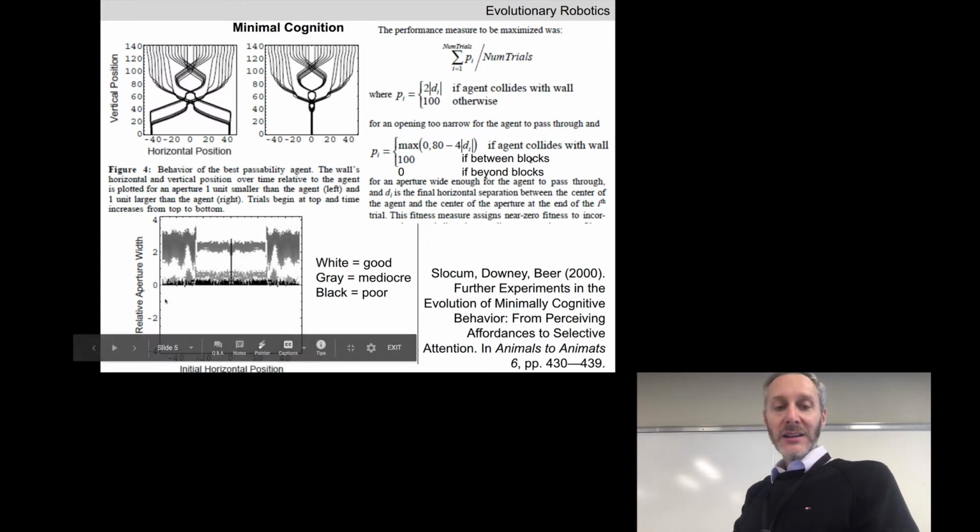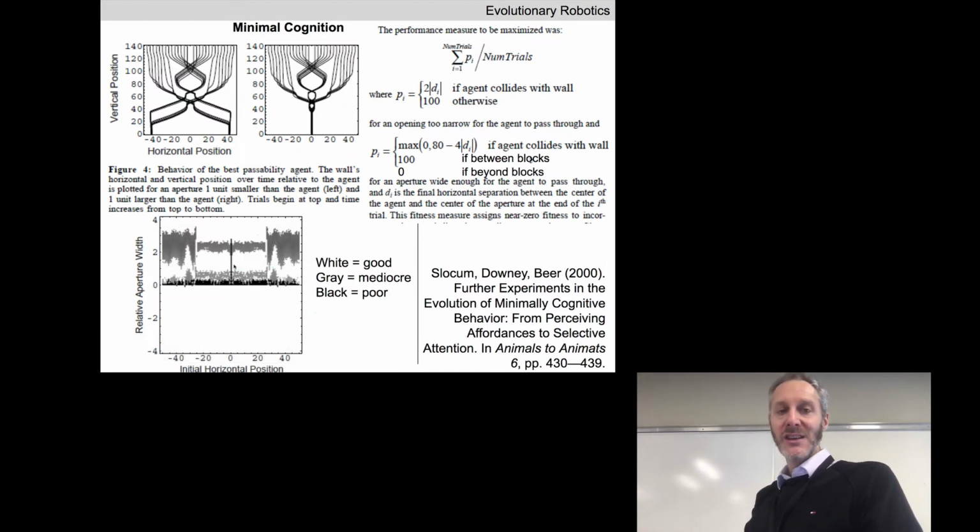Okay, so the gray is hard to explain, but for the black spike that you see in the center here, there is a way to figure this out. And that's by going back to this figure here. As I mentioned, during evolution, every CTRNN is evaluated num trials times. And you can see all num trials here. I don't know if this is 20 or 25, whatever it is.